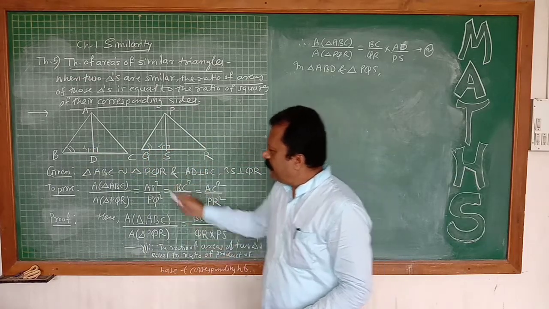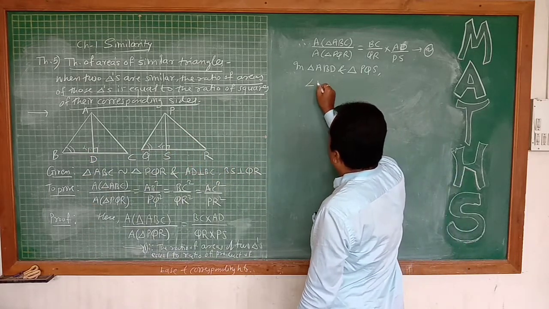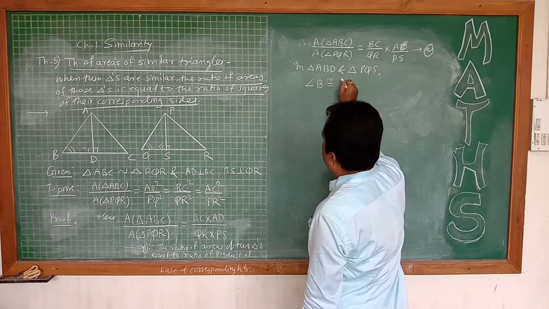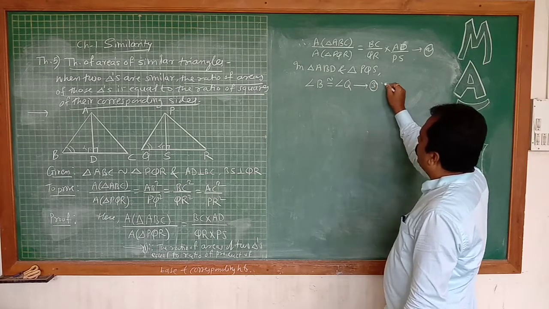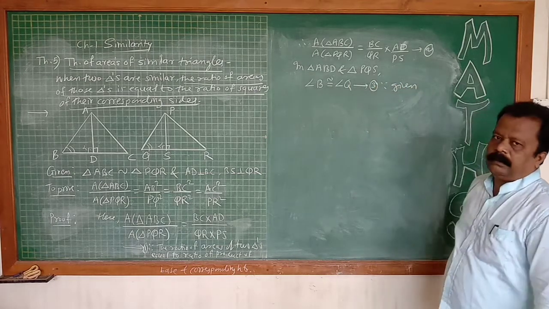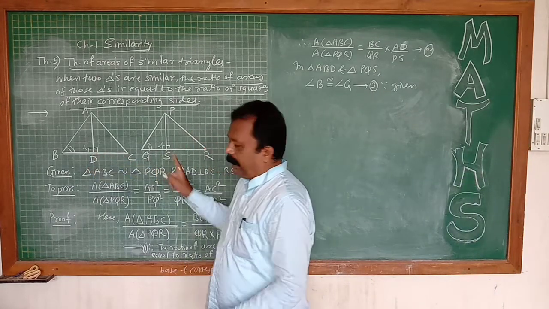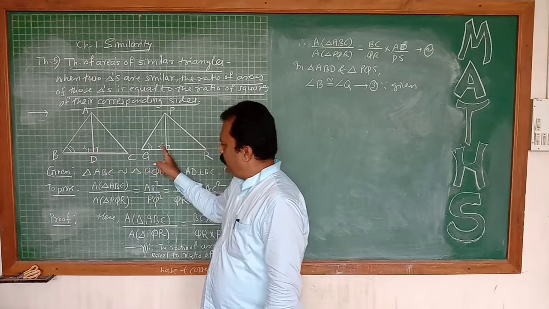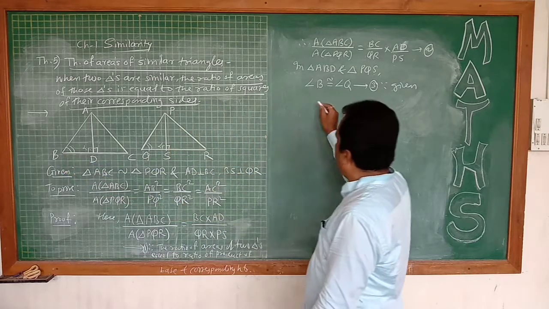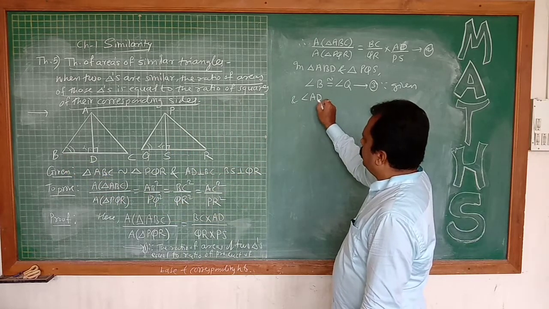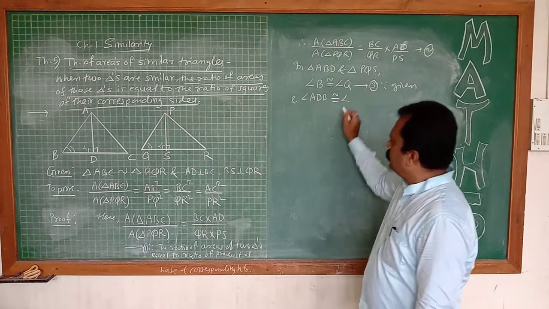According to the given, we can show angle B congruent to angle Q. Don't write angle B congruent to angle S, because this D and this S are coming, so on the left side we have to consider angle ADB congruent to angle PSQ.